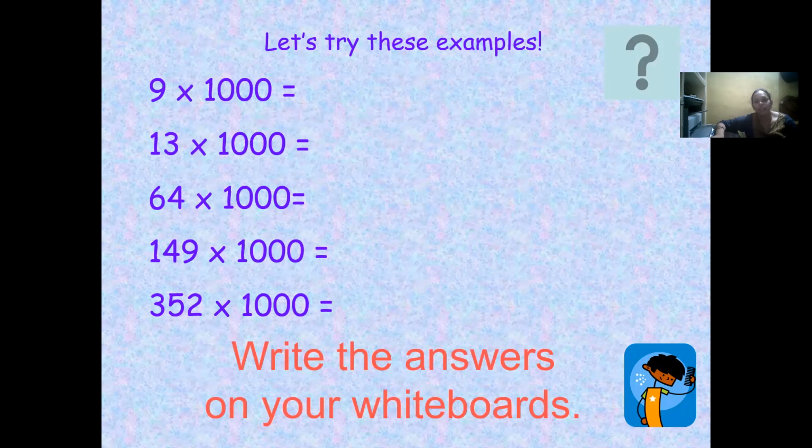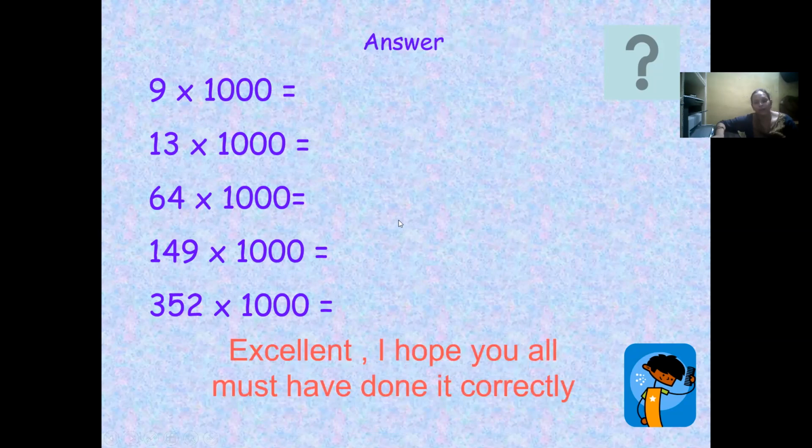Let's move on to the next slide. So here are the answers. When 9 is multiplied by 1000, you get the answer 9,000. When you have multiplied 13 by 1000, the answer is 13,000. When you multiplied 64 by 1000, your answer is 64,000.